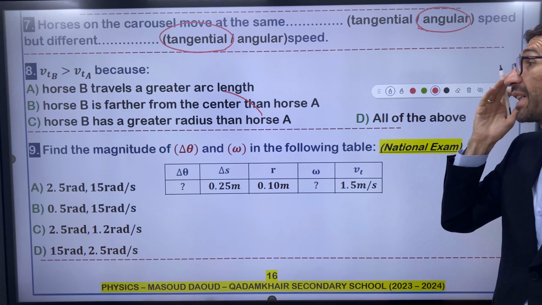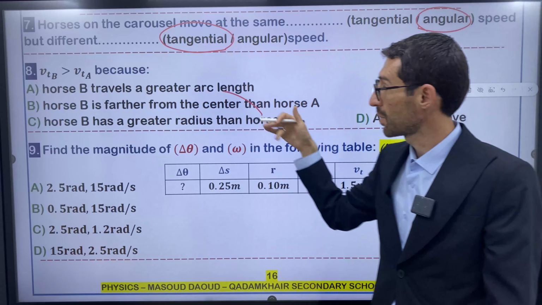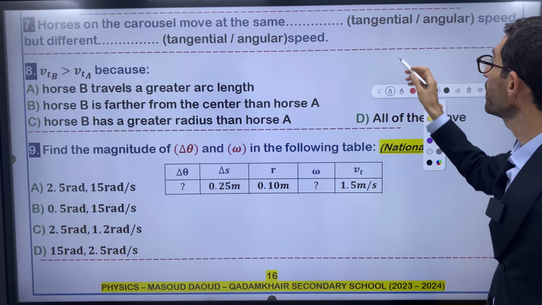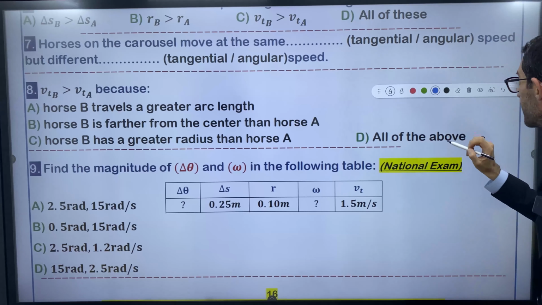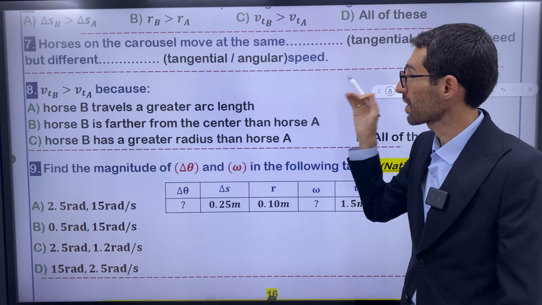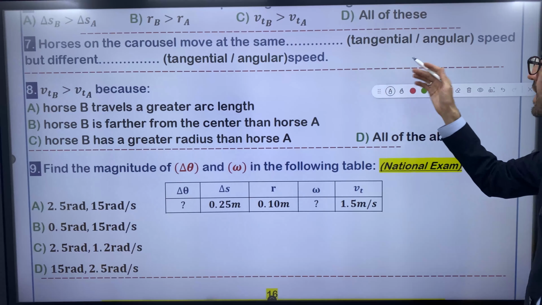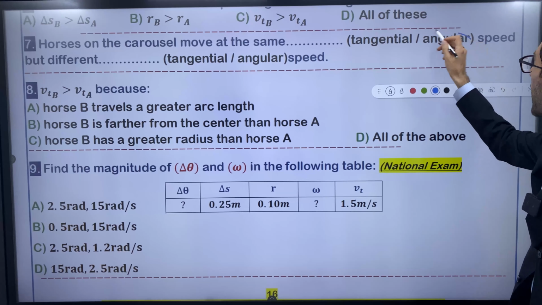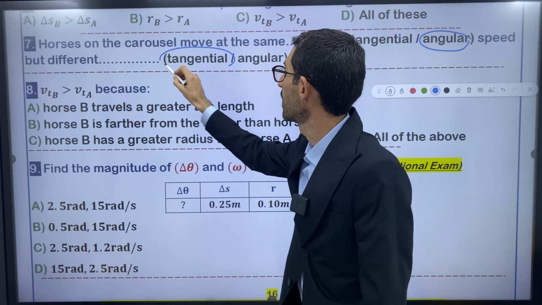Question number 8, Vt of B is greater than Vt of A. Why? We have some justifications here. Horses on the carousel move at the same angular speed, but with different tangential speed.